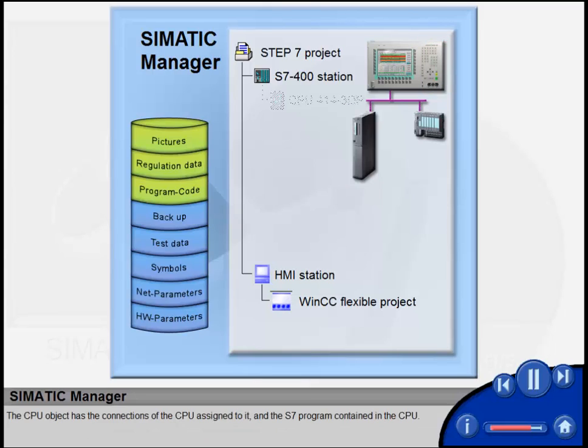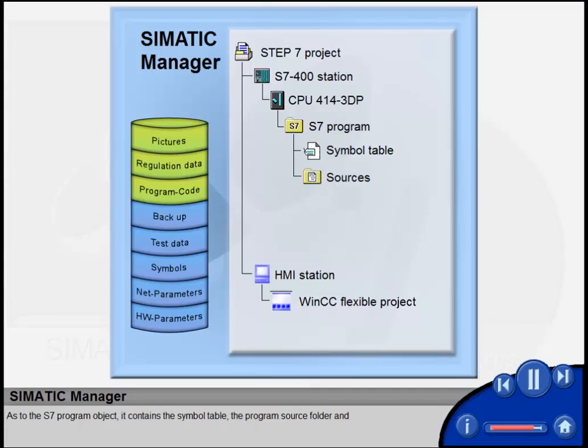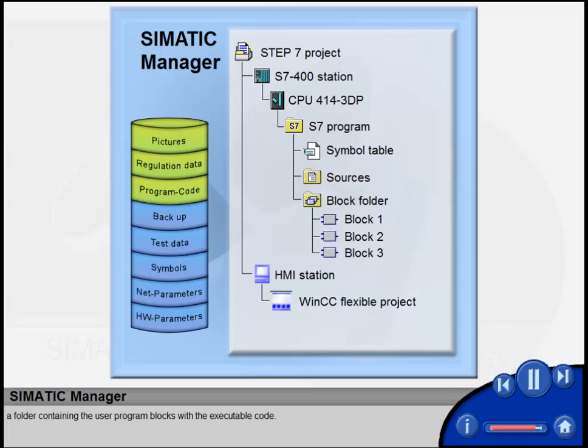The CPU object has the connections of the CPU assigned to it, and the S7 program contained in the CPU. As to the S7 program object, it contains the symbol table, the program source folder, and a folder containing the user program blocks with the executable code.